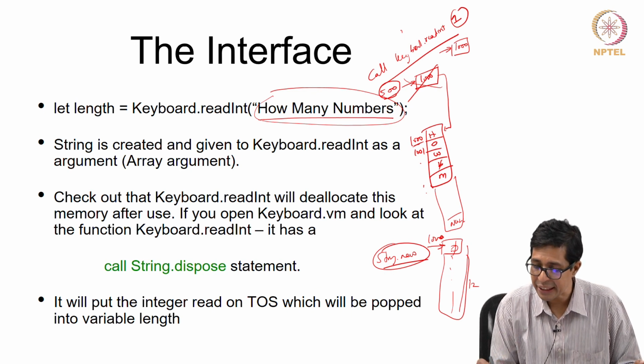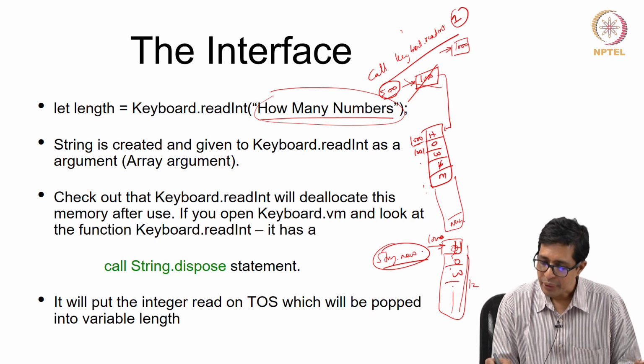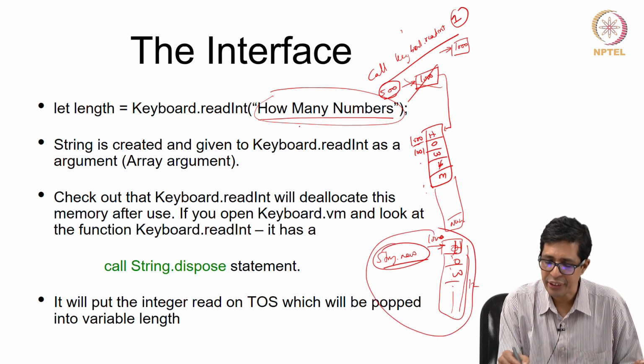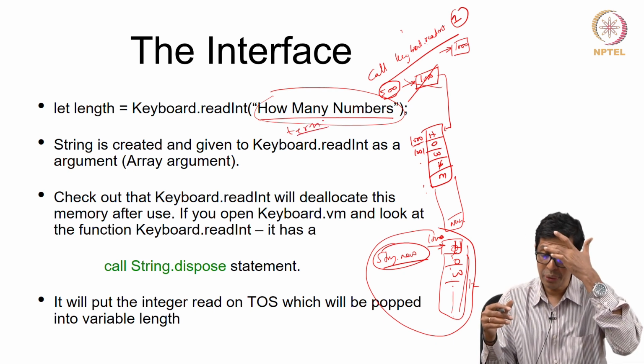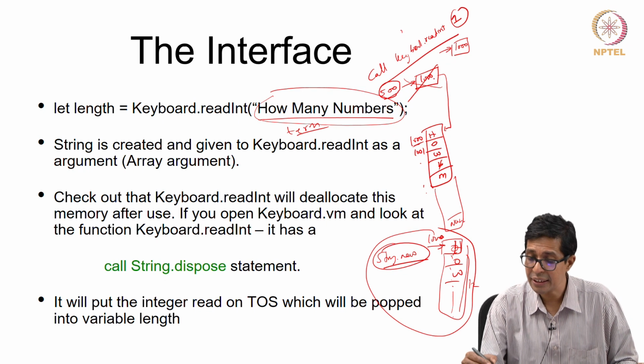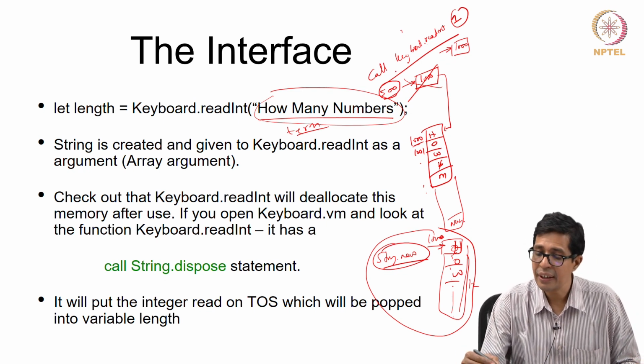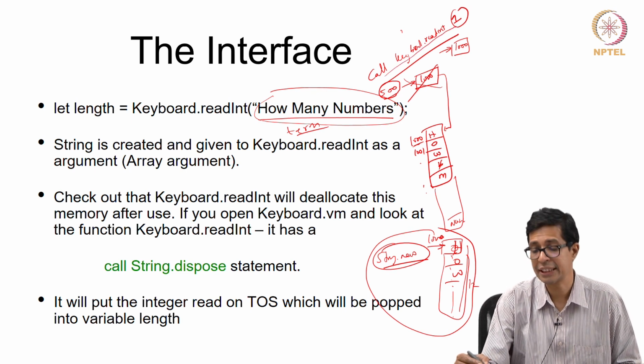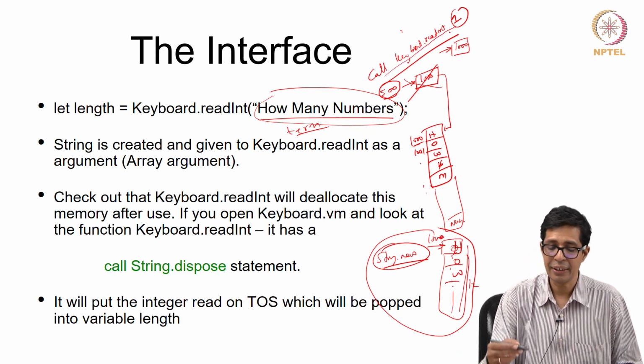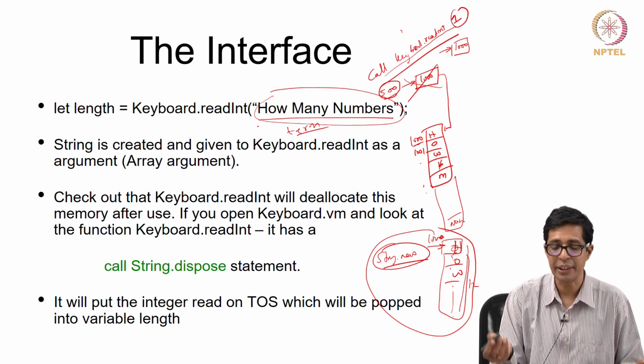Now you start appending character by character, H, then O, then W and all. So this particular string constant is actually a term. This term will return on the top of the stack this 1000, and that 1000 is given as an input argument to keyboard.readInt, and that is how it will start reading it.